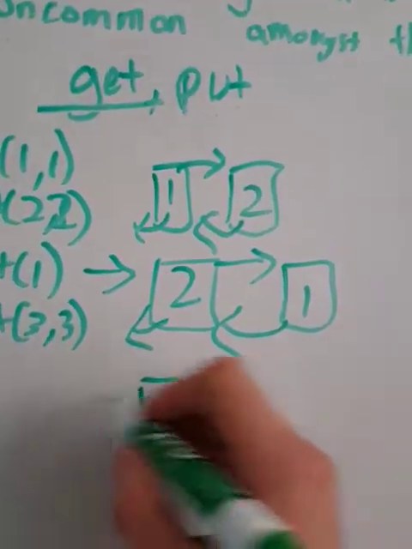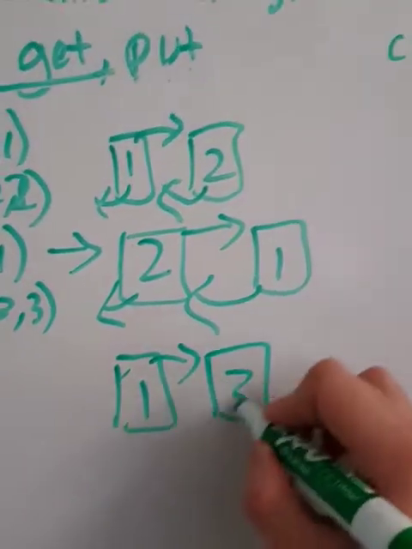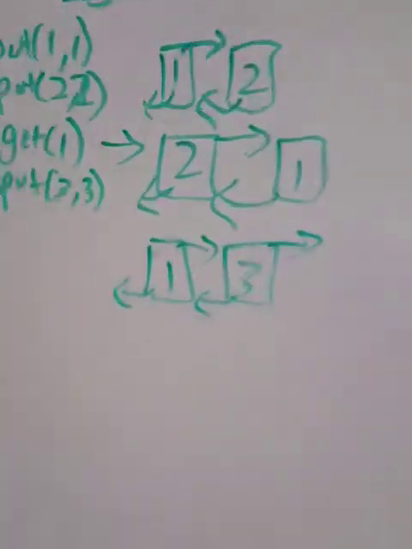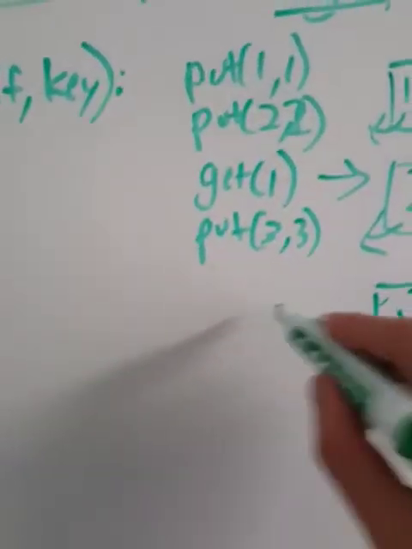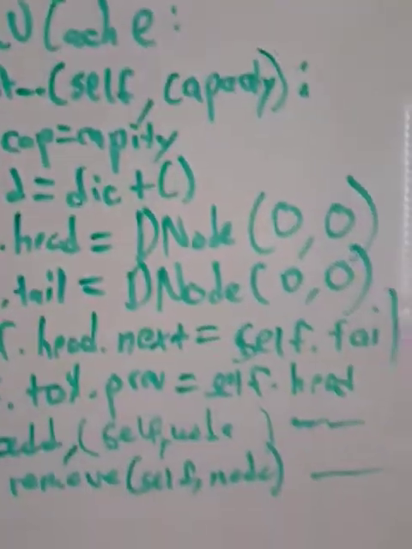And then our least recently used after that put would be the 1 again. Right? And then that's the tail and that's the head. I didn't actually draw the nodes, but they exist, with the default 0 like we did here.